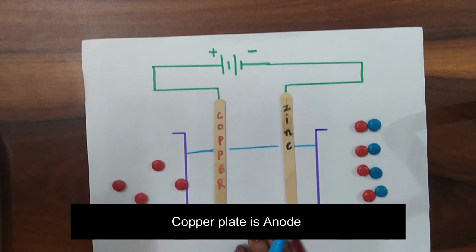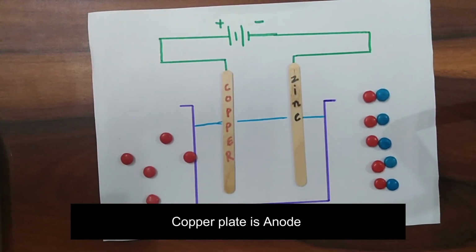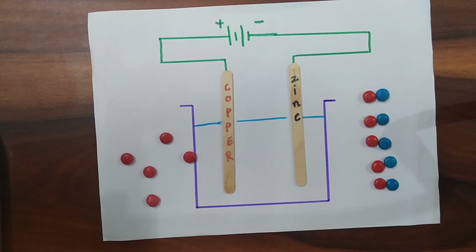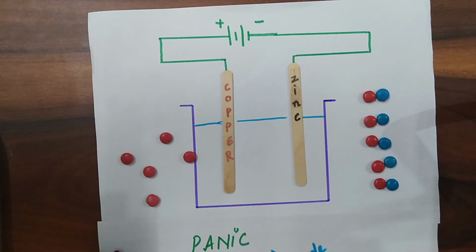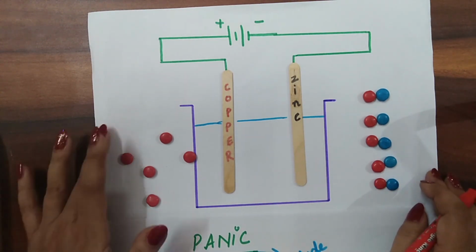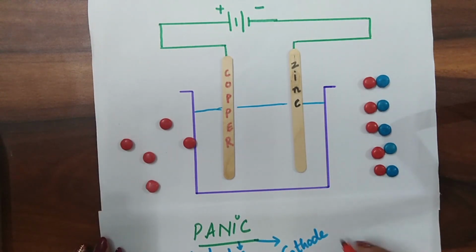Another important thing which you need to remember is that the metal on which we want to do the electroplating should be made cathode. So zinc should be made cathode because we want to do the electroplating over zinc.